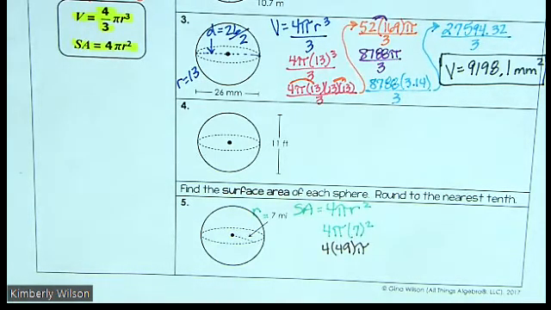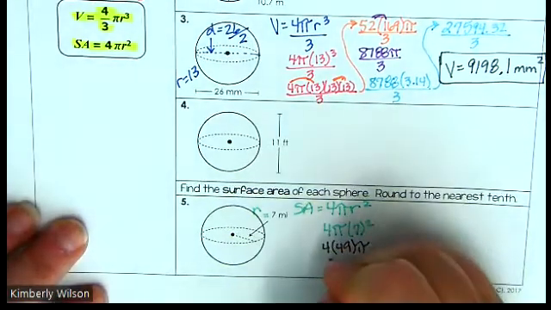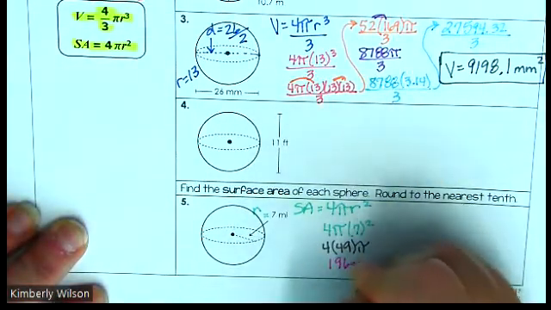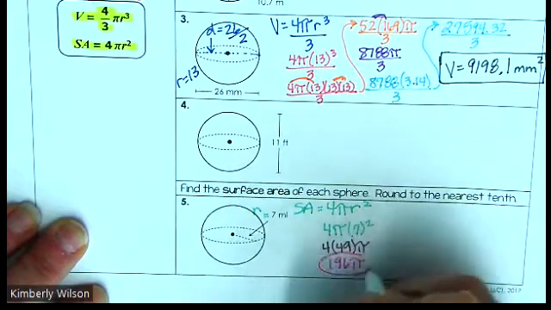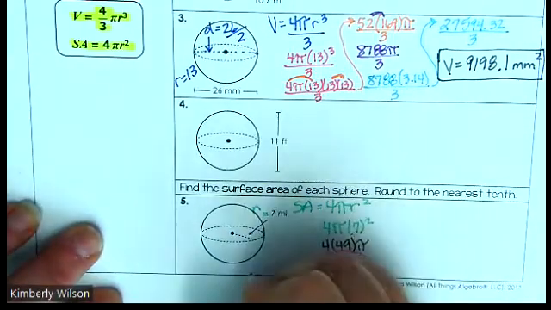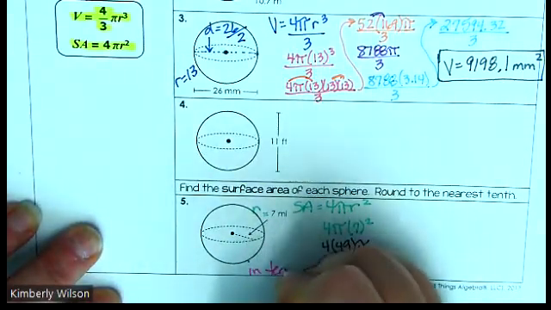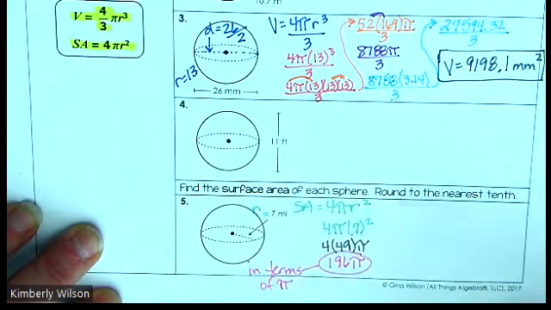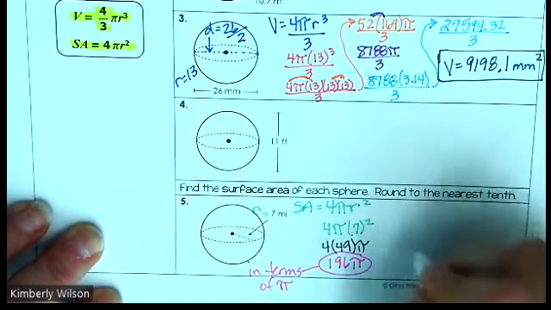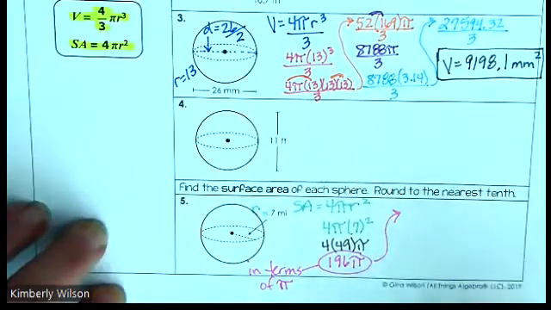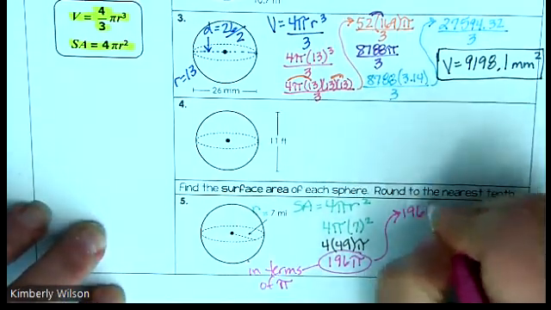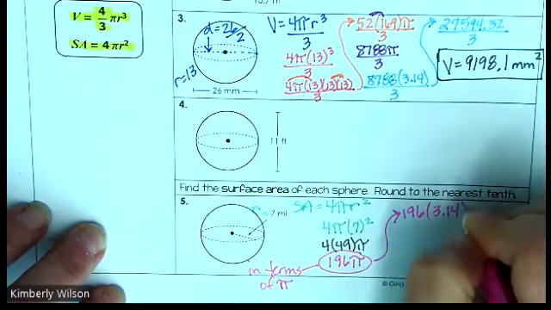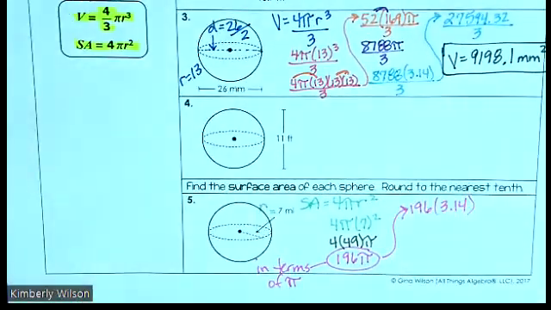which is 196 pi. Now this would be the answer if we wanted it in terms of pi, but we don't. So we go up here and now we're doing 196 times 3.14, and we've got to round to the 10th place.